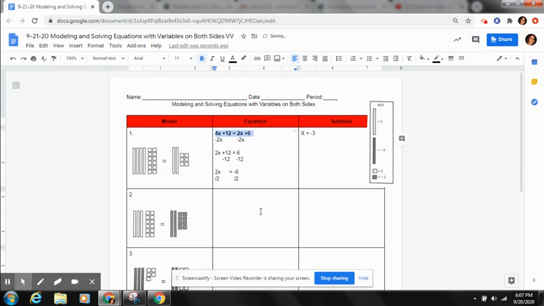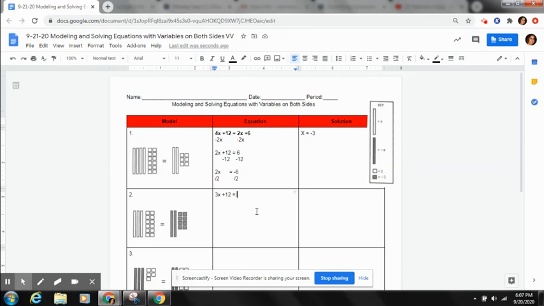Okay, so let's try another example. So on here we have 1, 2, 3 unshaded rectangles. So that's positive 3x. Then we have 2, 4, 6, 8, 10, 12 unshaded squares. So that's plus 12 again, equals. Now on the right side, we have 2 shaded rectangles.